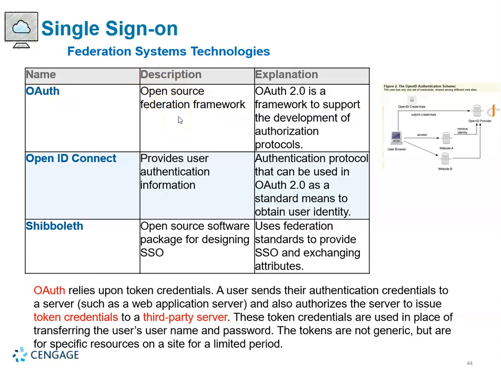It relies on token credentials, and as it says here, what happens is a user will send their authentication credentials to some server. You see a diagram that depicts the scheme over here. Here's our user operating this browser. You can see that there are two websites. These are the two web servers, A and B, that they might be trying to communicate with. But before they're allowed access, there's a secondary application server that maintains the authentication information and actually does the authentication.